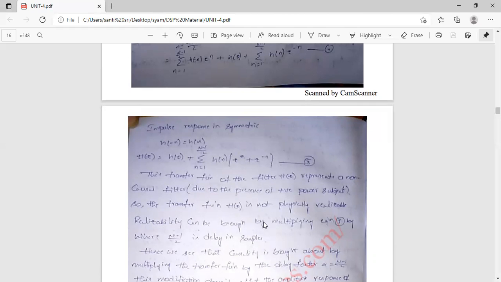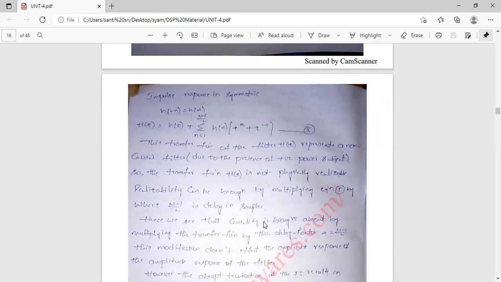So the transfer function H of z is not physically realizable. Realizability can be brought about by multiplying equation 5 by z power minus (N minus 1) by 2. Here (N minus 1) by 2 is the delay in samples.